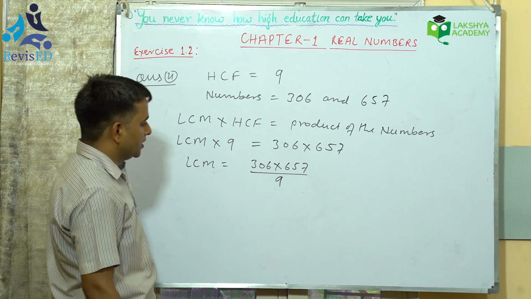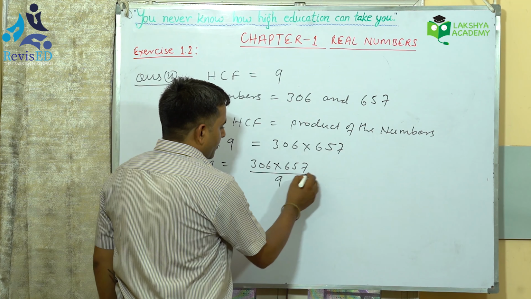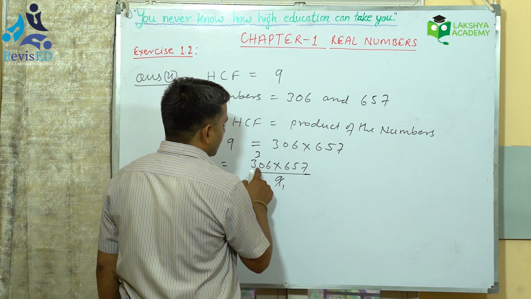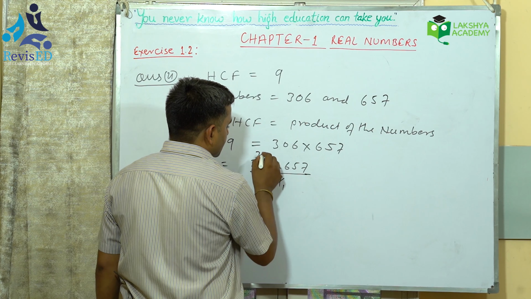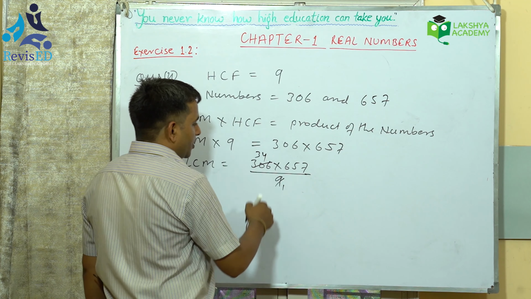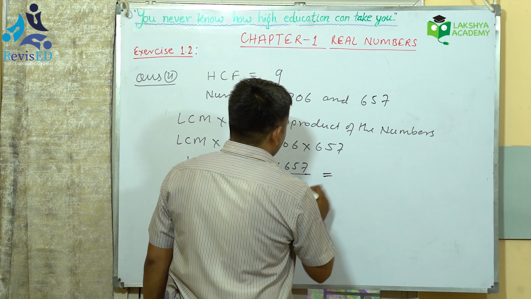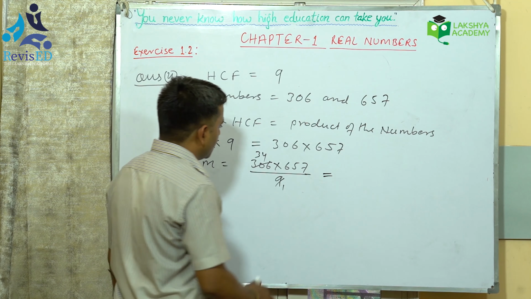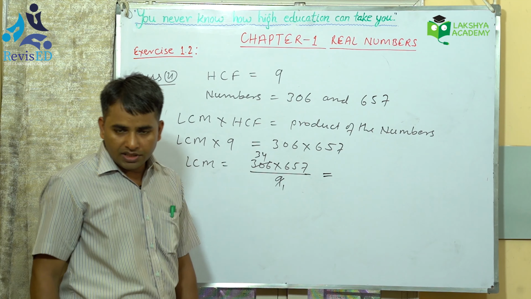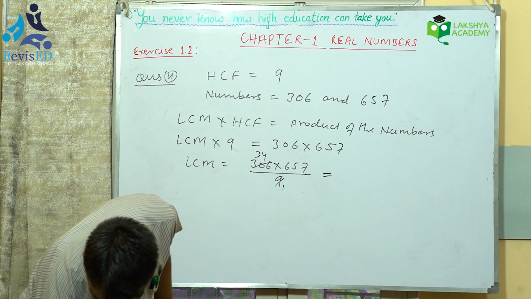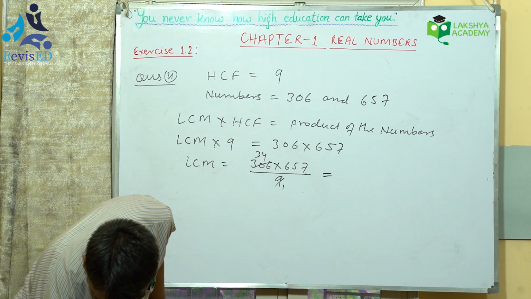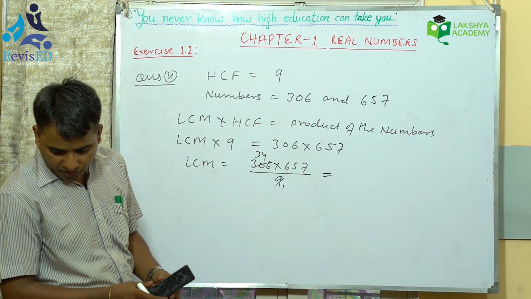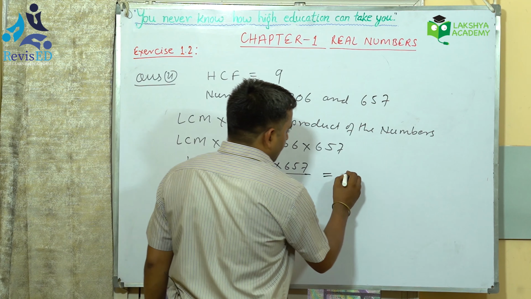We will simplify it. 9 ones are 9, 9 threes are 27, 3 carries, 36, 9 fours are 36. So multiplying, we get 34, and multiplying 34 by 657 we get 22,338.